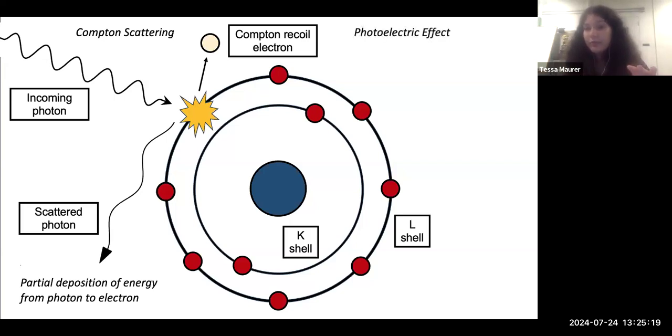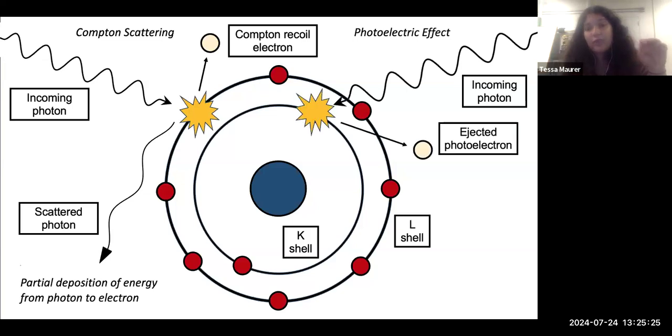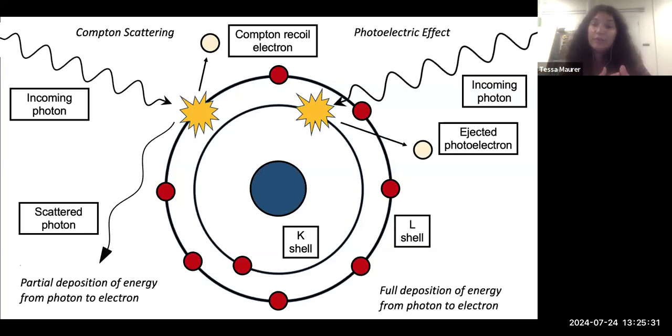The photoelectric effect, on the other hand, hits more of an inner orbital electron, and we get an ejected photoelectron while the photon is fully absorbed. This is full deposition of energy from the photon to the electron. Now, both of these interactions happen in inorganic detectors, but for gamma rays, only Compton scattering is really going to be happening for organics.